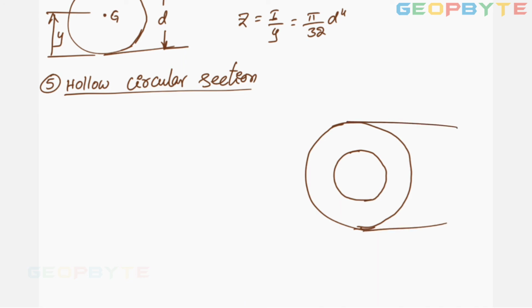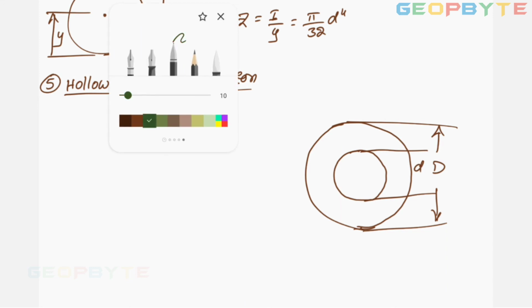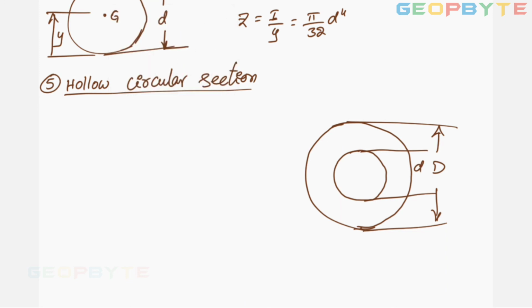This may be the outer diameter capital D, and this is the inner diameter small d. Better to hatch it for your clarity. That is the hollow circular one.